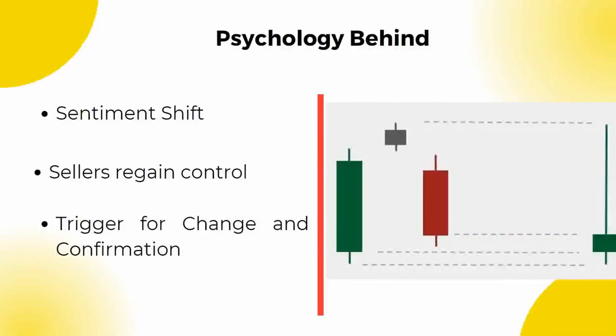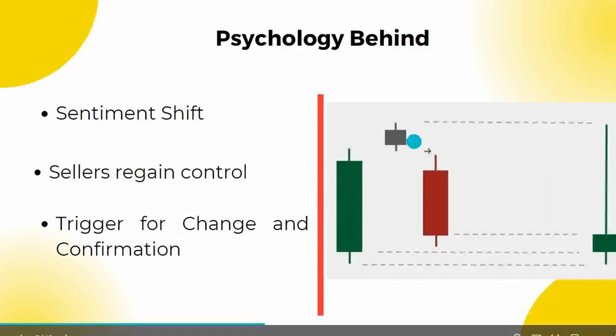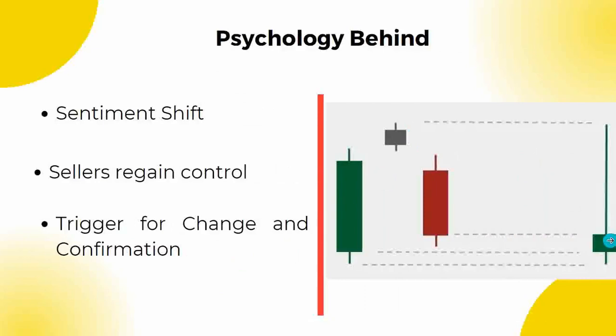Now let's discuss the psychology behind this candlestick pattern. As you know, the market goes up and suddenly this shooting star candle forms near the resistance level or trend line or EMA, then we consider that there is a supply zone or seller zone where the sentiment of the market has shifted from positive to negative.